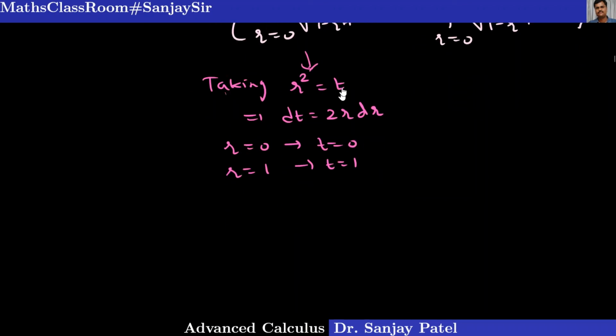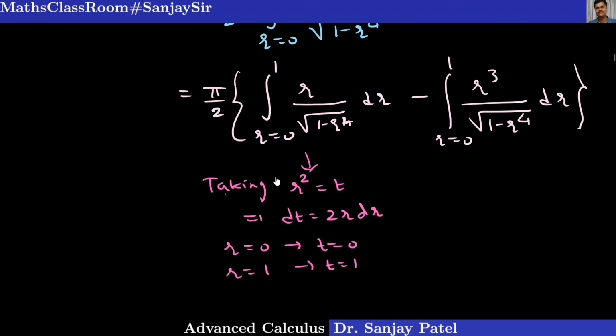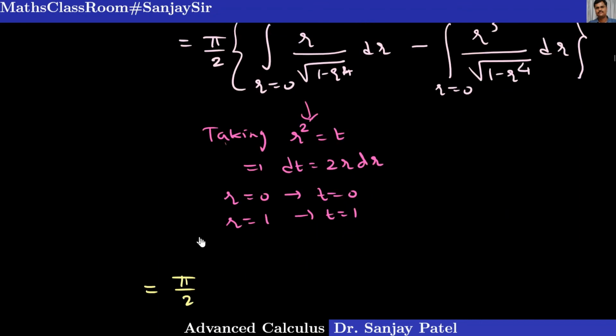So this I can write as, this is equal to pi by 2 into integral t equal to 0 to 1, and this r into dr I can replace by, say, 1 by 2 times dt upon square root of 1 minus t square. Fine.